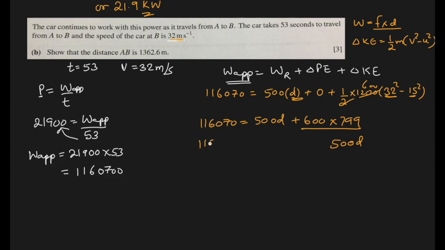So 116070. Oh, there are 2 zeros. Okay, I forgot to transfer it well. Minus 479400 equal to 500d. Divide both sides by 500, so that it cancels and we get distance, and I'm sure the distance will be 1362.6.